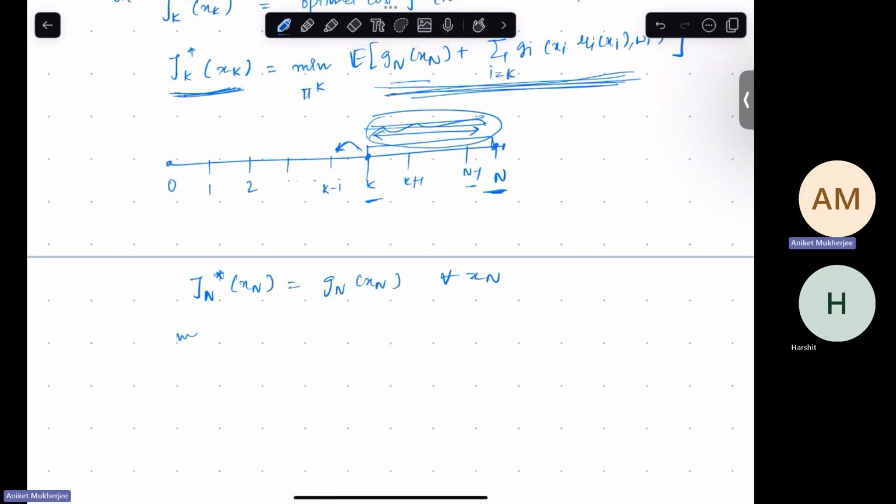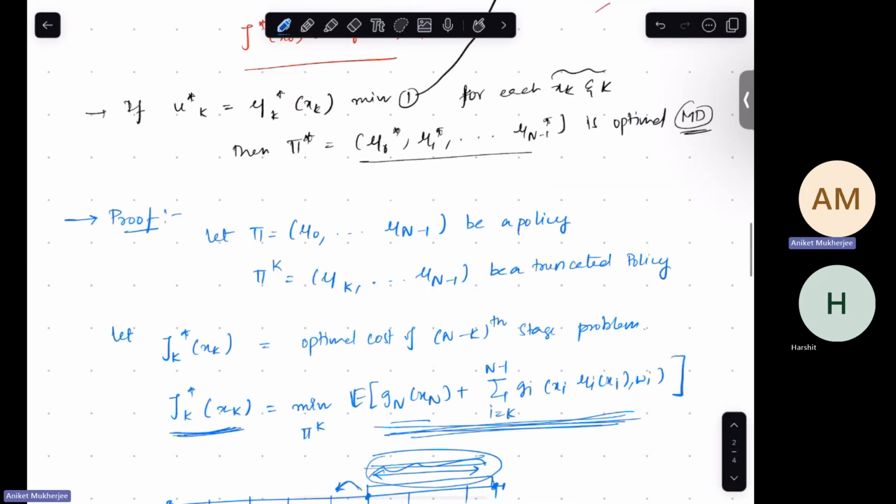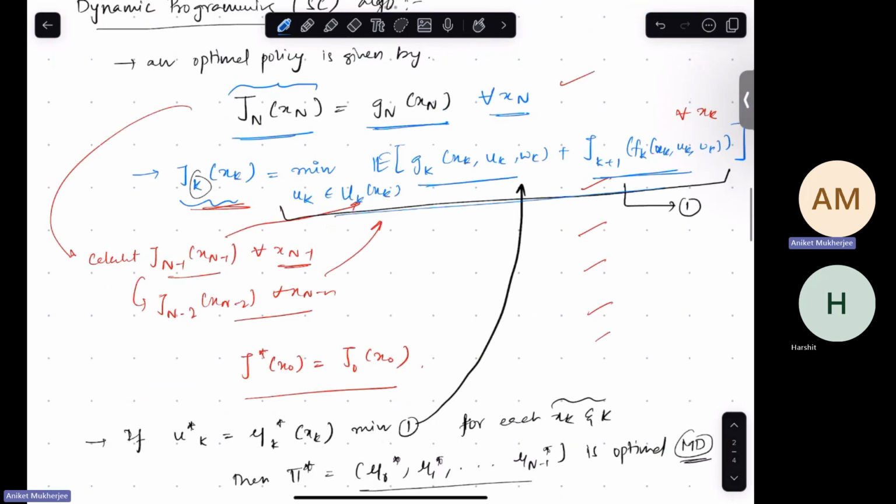Now what we will show is that J_k star of x_k is basically J_k(x_k), and this J_k(x_k) is coming from the dynamic programming algorithm.